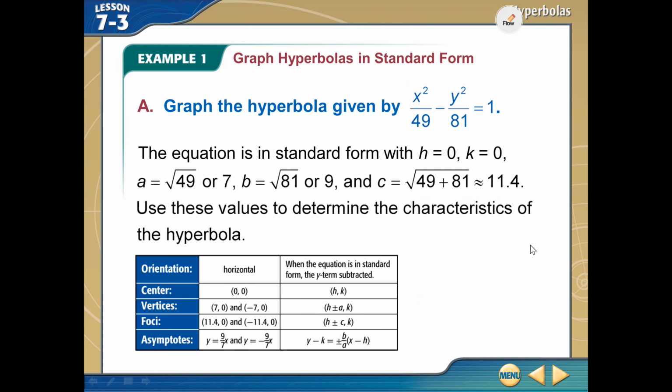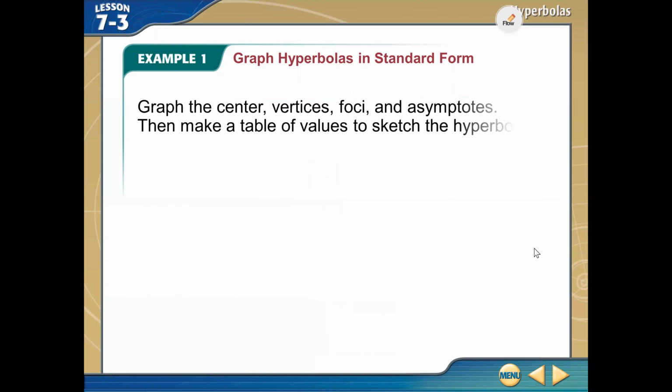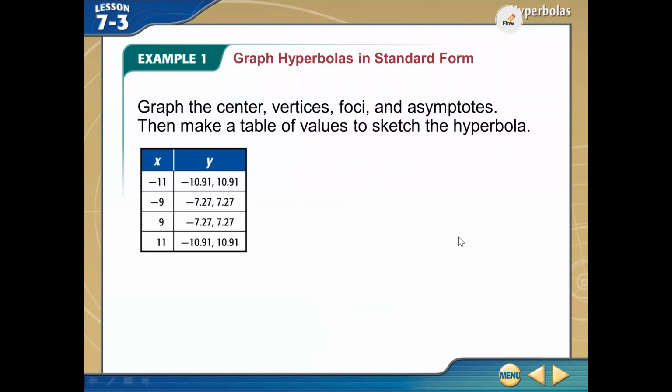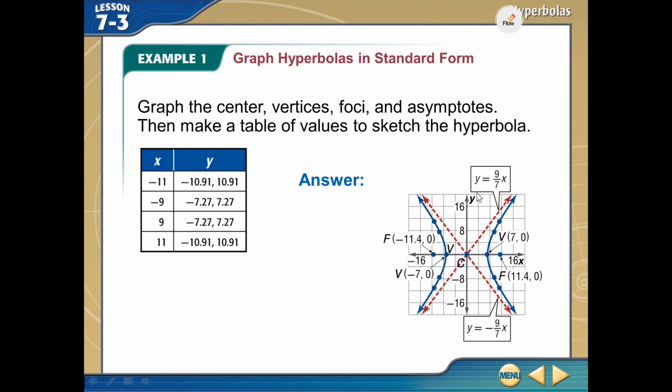After that, we get the center, the vertex, the foci, and the asymptote, and we can now graph. He substitutes some values, but approximately we can draw, and this is our answer.